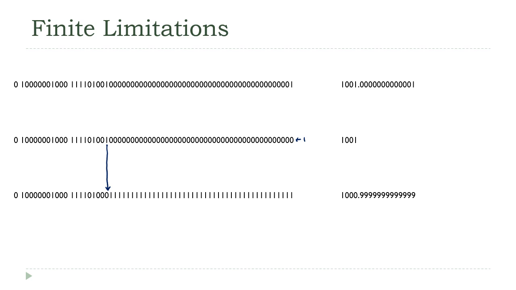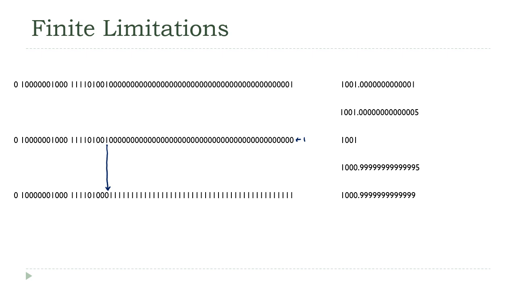So what happens if I try to pass a computer a number between 1001 point all those zeros 1 and 1001? For example, what if I give it one of these numbers? These numbers are exactly the halfway points.